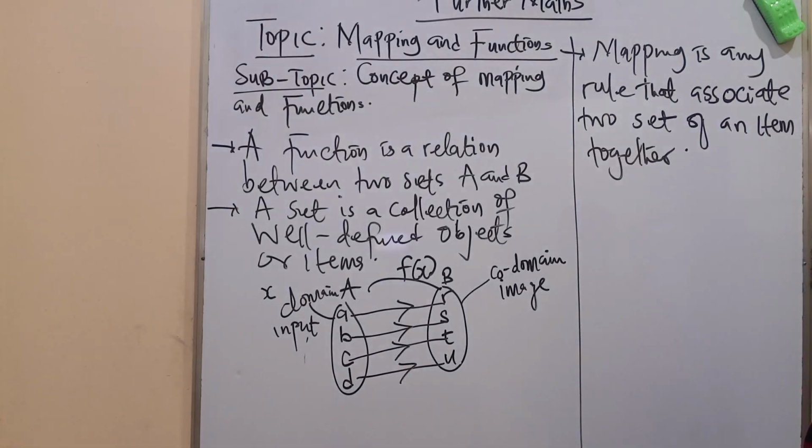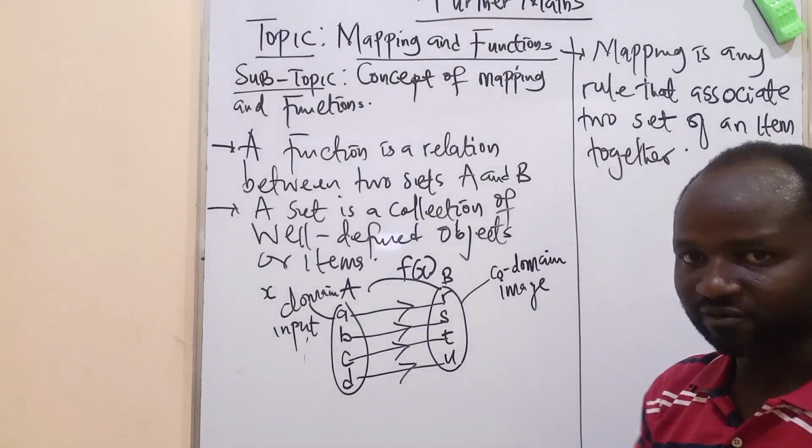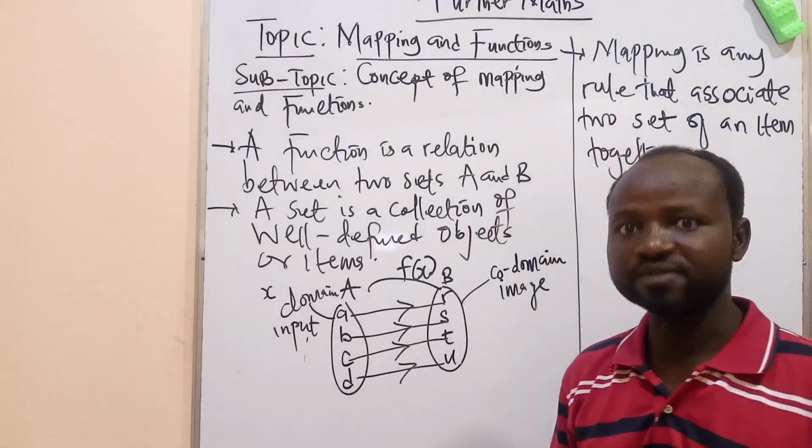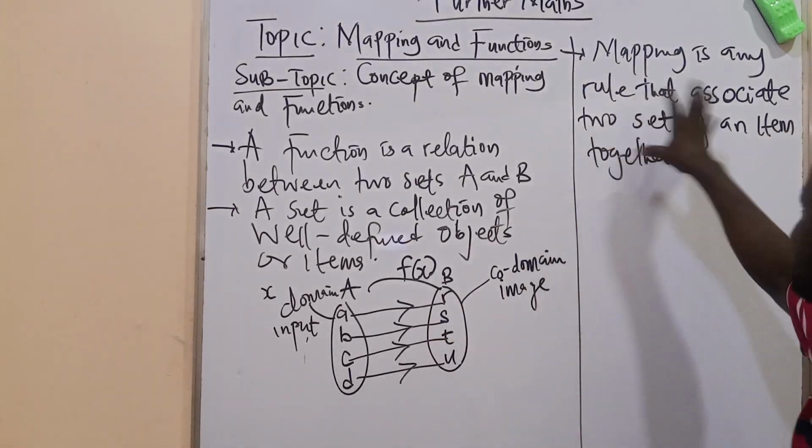Very important. We have different types of mapping. We have one-to-one mapping, onto mapping, constant mapping, identity mapping, many-to-one mapping, and many more.